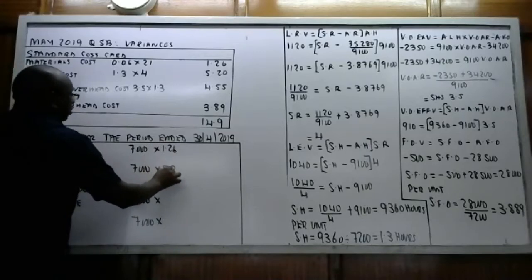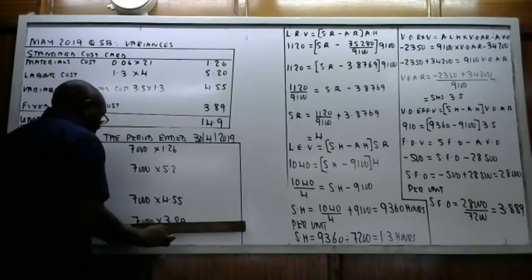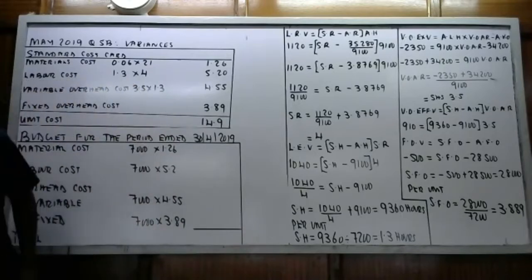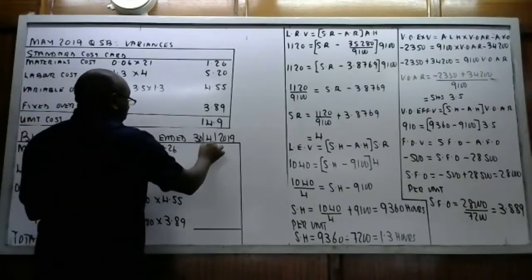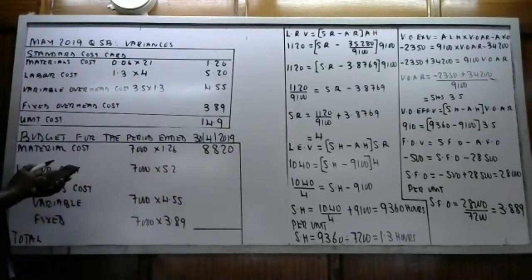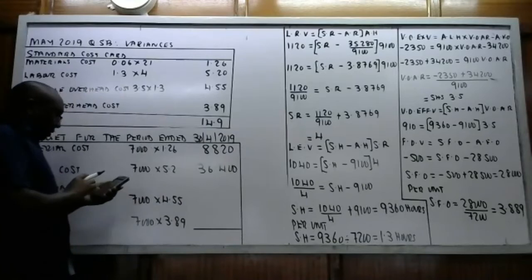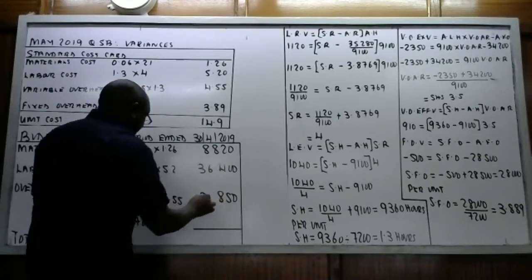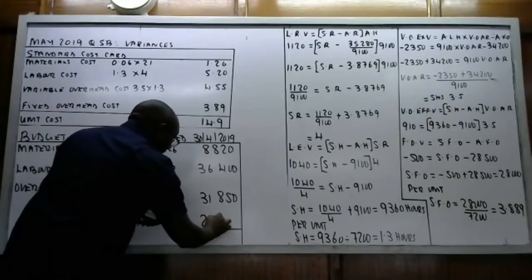1.26, 5.2, 4.55, 3.89. So 7,000 times 1.26 is 8,820. 7,000 times 5.2 is 36,400. 7,000 times 4.55 is 31,850. 7,000 times 3.89 is 27,230.